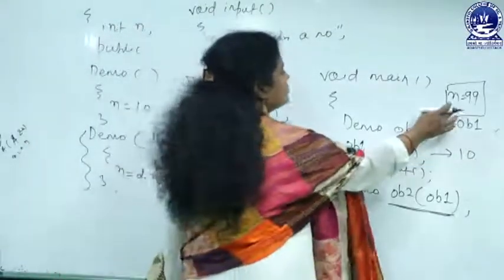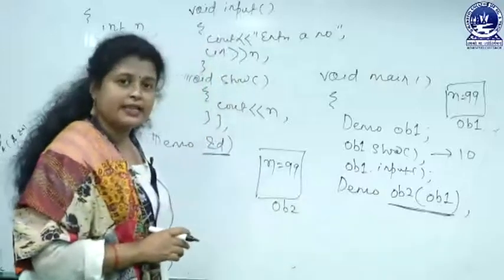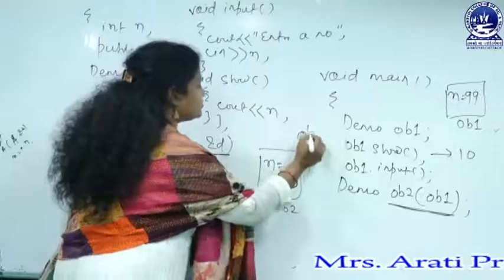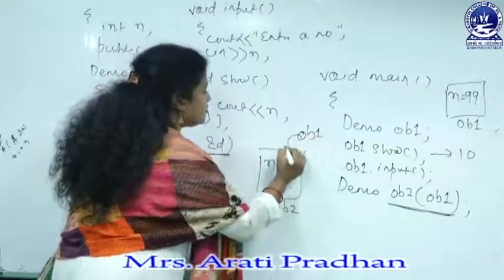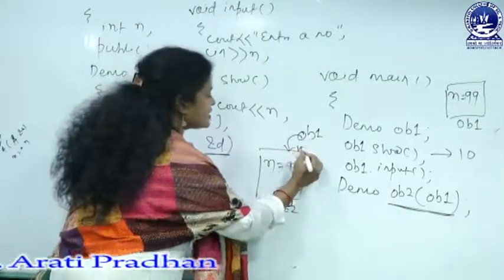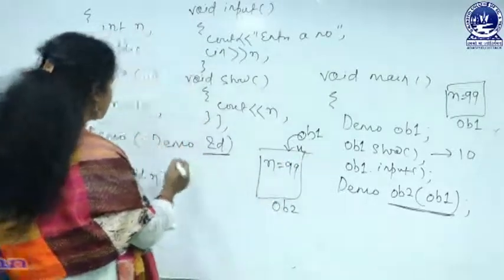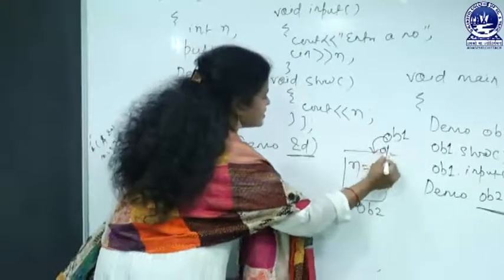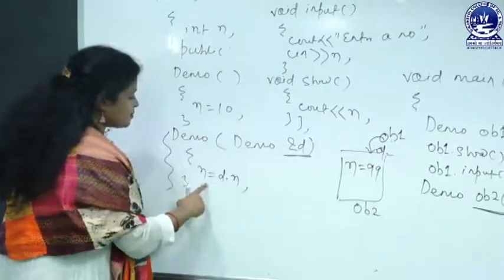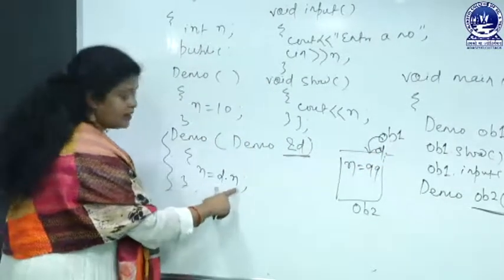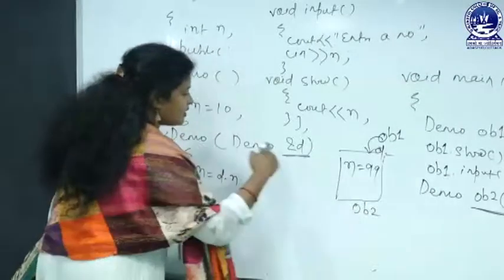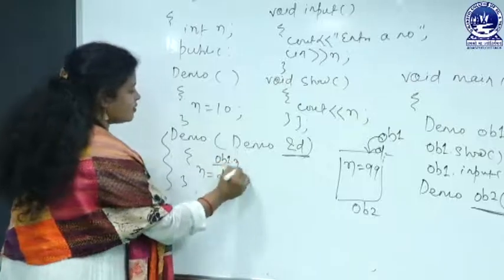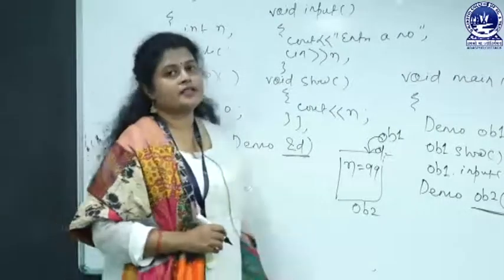Because inside ob1 the n value is 99, and when we are passing ob1 to ob2, the ob1 reference is, sorry, not x, this is d. Here we have used the statement n equal to d dot n. n means ob2's n and d dot n means ob1's n. In this way the copy constructor is working.